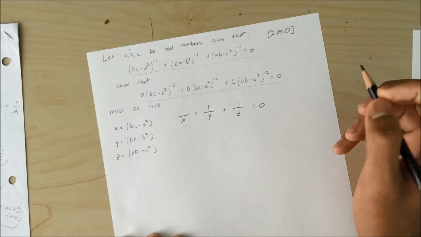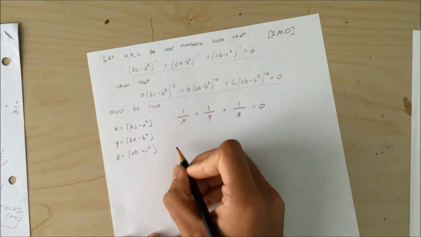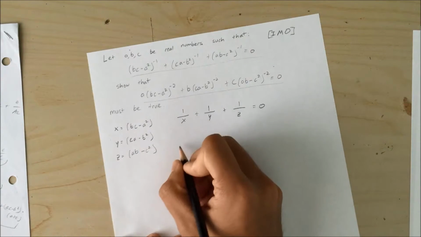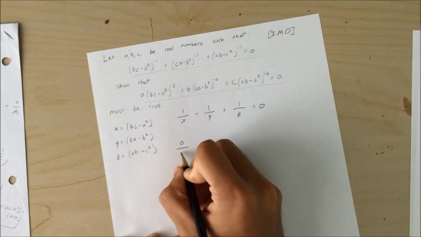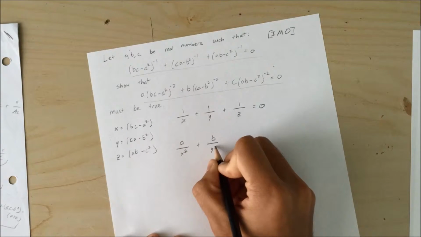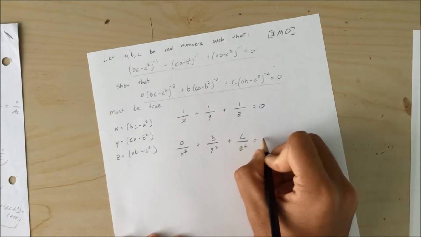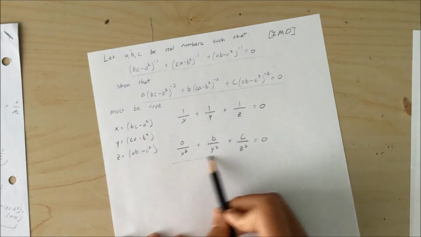From here, we realize we can rewrite what we're looking for using the same substitutions as a over x squared plus b over y squared plus c over z squared is equal to 0. This is what we're trying to prove.